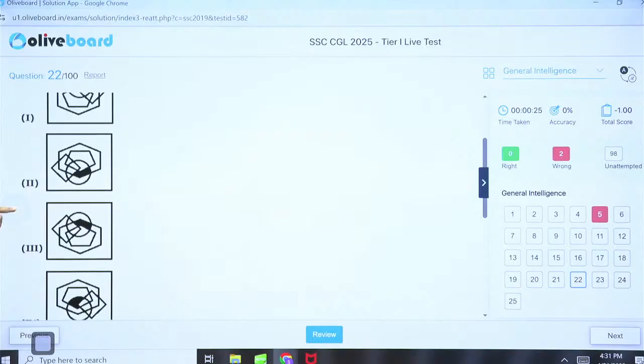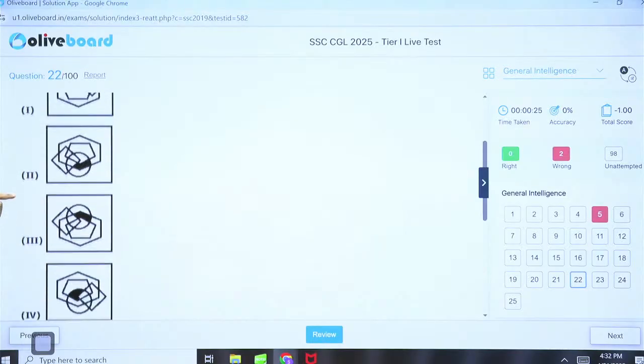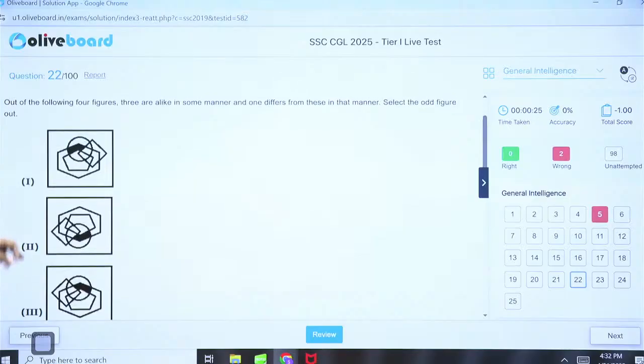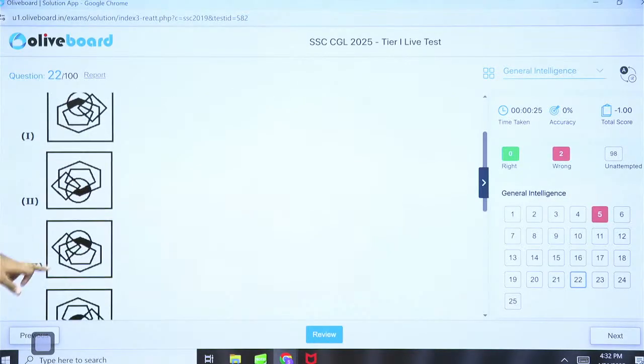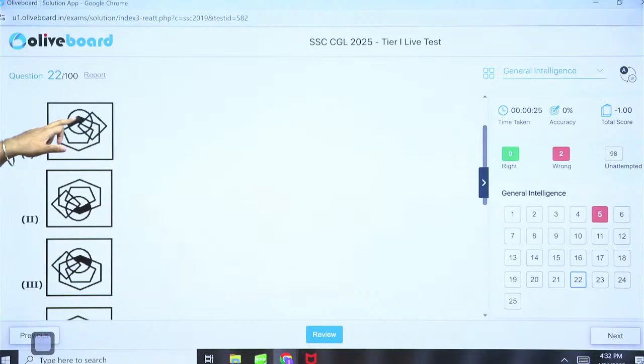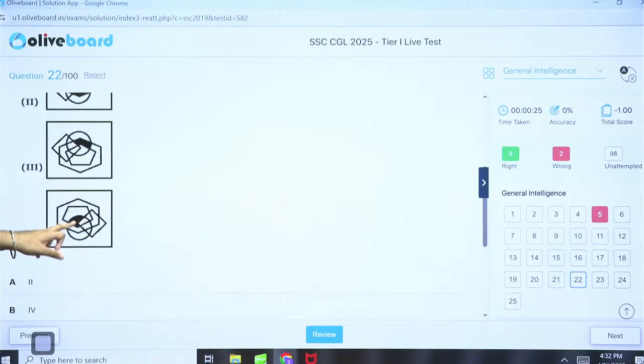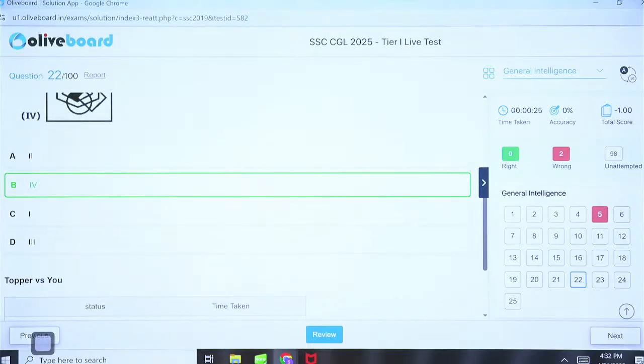Just observe it clearly. I cannot show all the options together. Correct. Now what is happening here is, if you clearly observe this, these are all variations of the same figure. 1, 2, 3 are variations of the same figure because the same area is shaded everywhere. But here it is different. Here a totally different area is shaded. So option 4 becomes the correct answer.